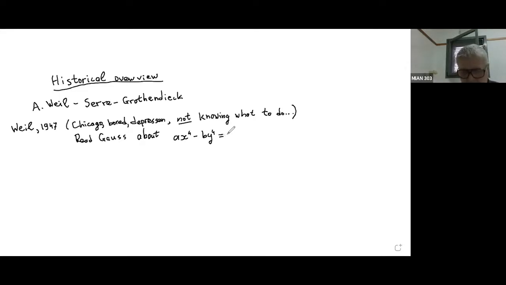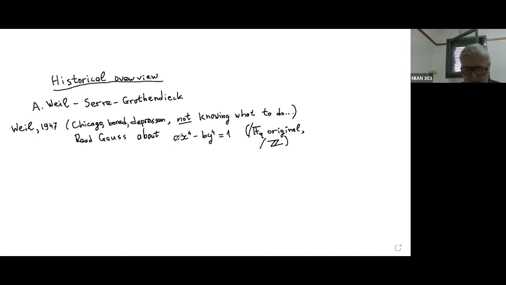It happened in the 19th century, where the idea to consider the solutions over finite fields, over F_q, was quite original. So the natural problem was to find the integer solutions.